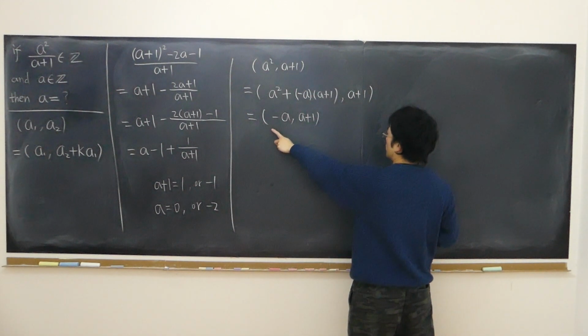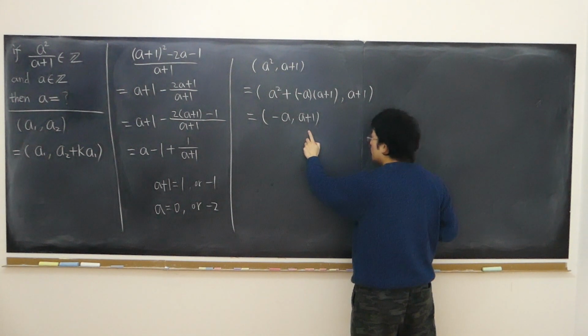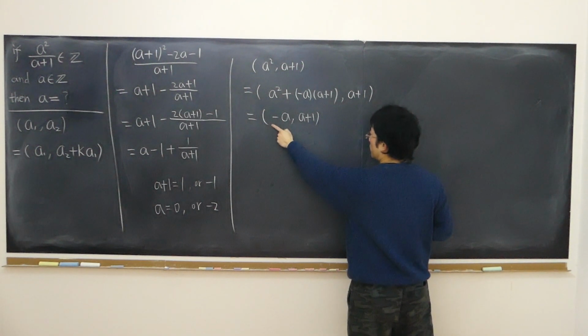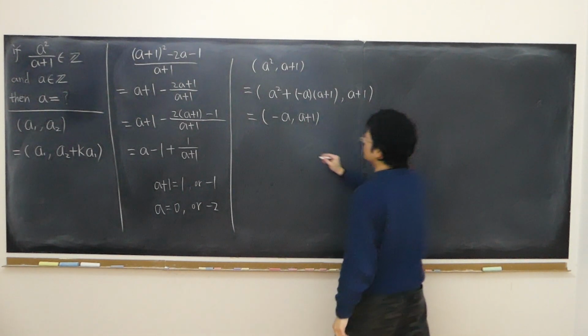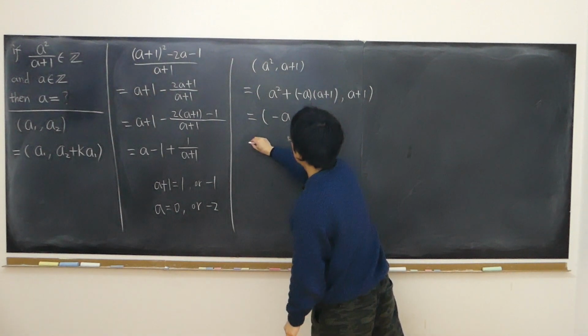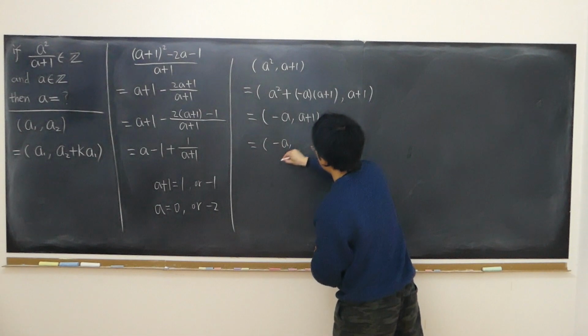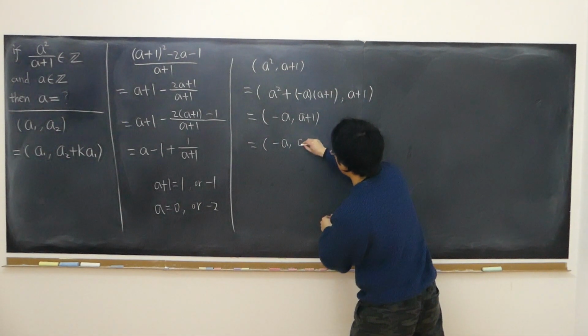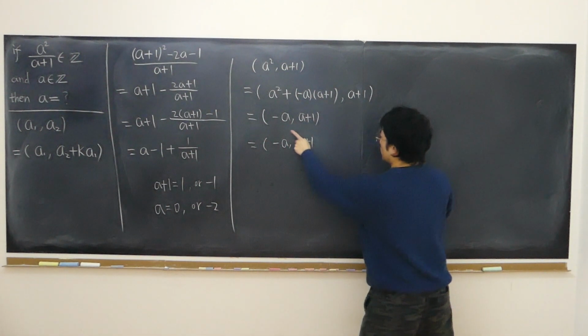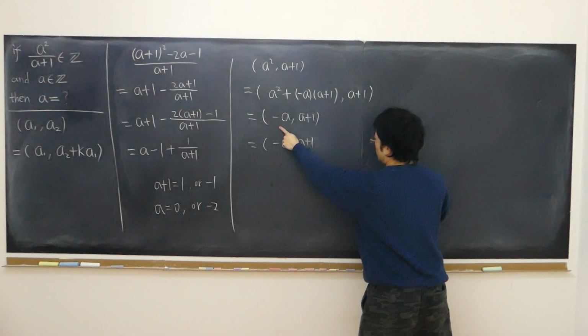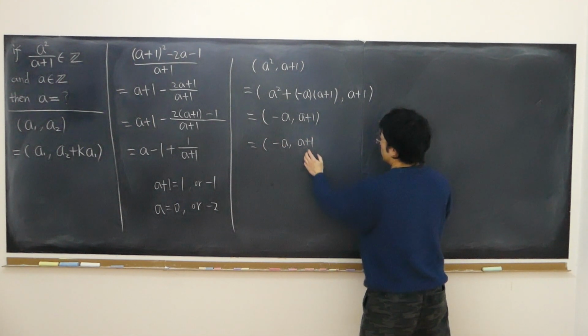I just need to find out the greatest common divisor between minus a and a plus 1. And I can further simplify that. In fact, I want to multiply this number by 1 and add that onto this number, just cancel out the a. Minus a, copy down, remains the same. And a plus 1, like I said, I multiply minus a by 1 and add on to a plus 1.